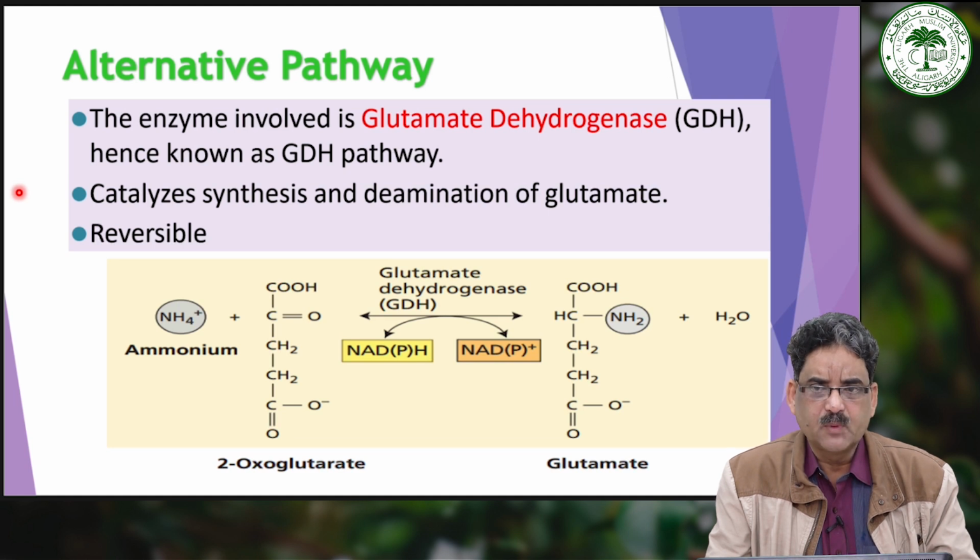Earlier theories proposed that reductive amination played a central role in the assimilation of ammonia.